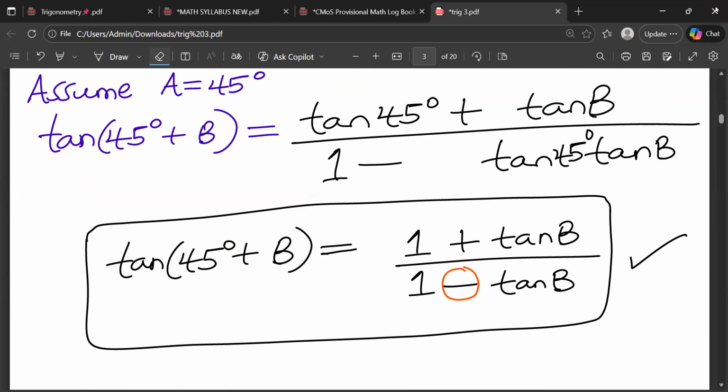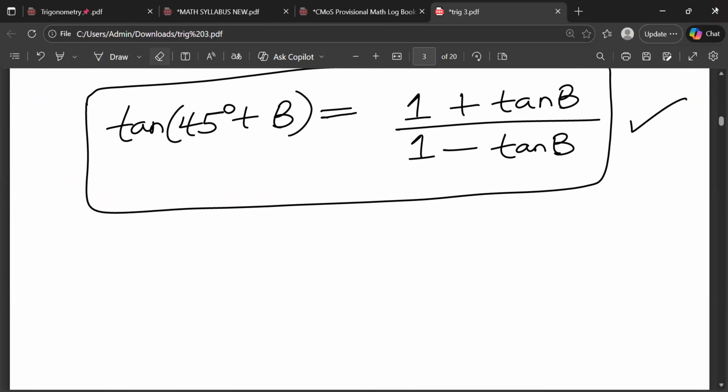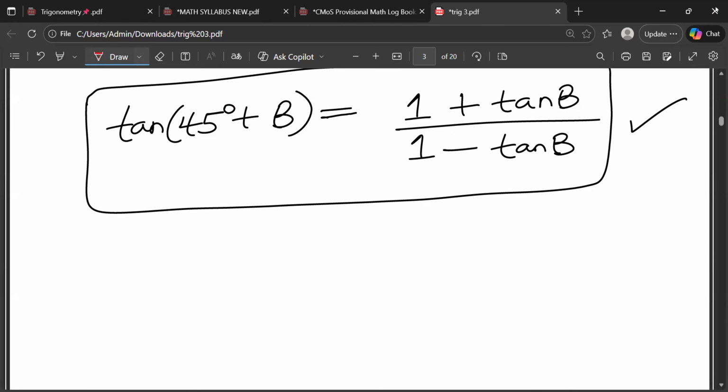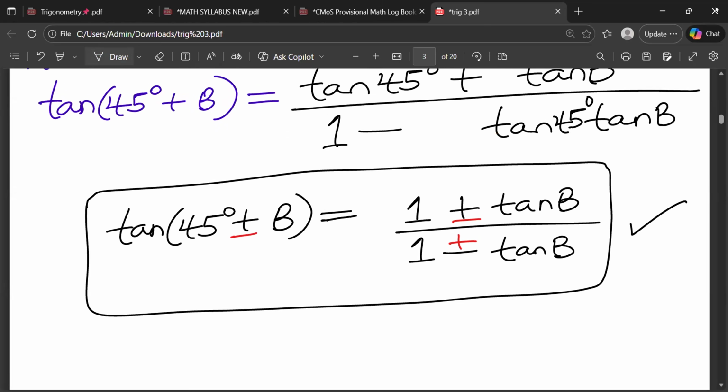If they make it minus, even this one will be minus, but down it will be a plus. So I don't want to waste a lot of time on that.